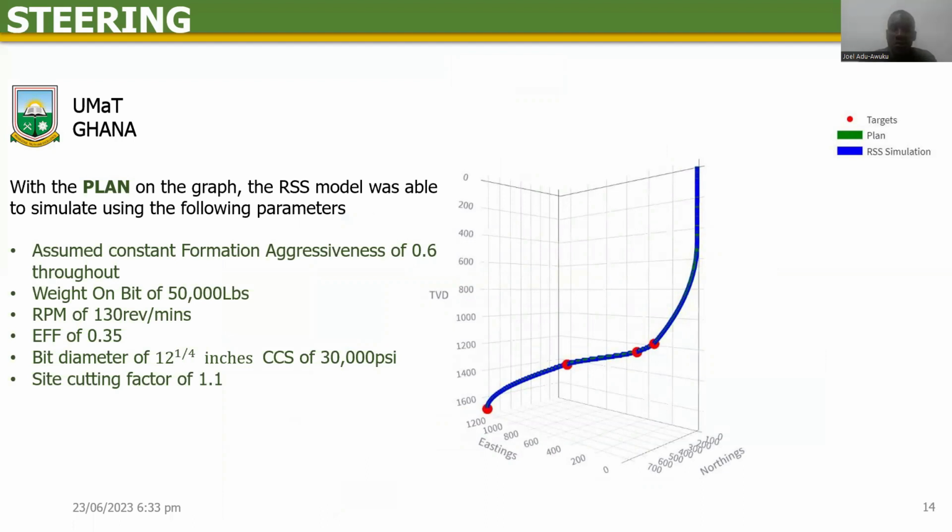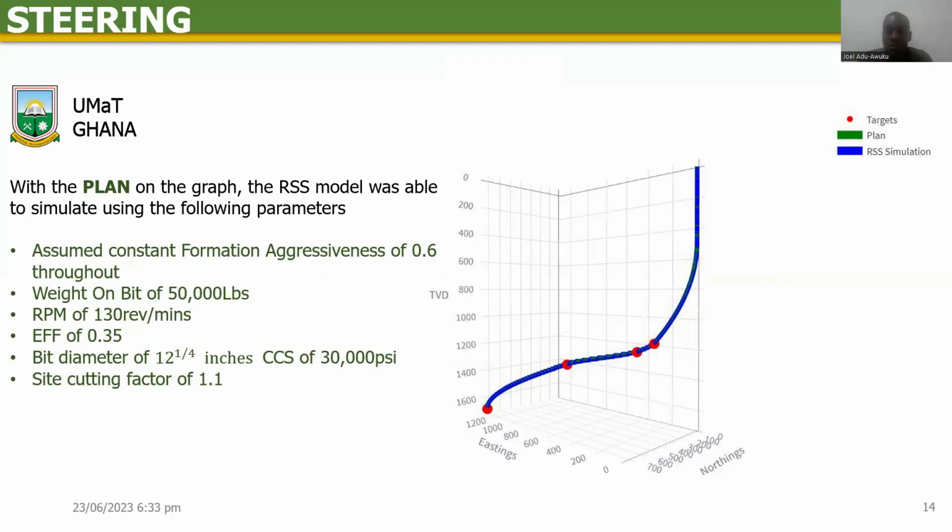So on steering a bit, we consider the formation aggressiveness, the CCS, and the side cutting factor. From that, we generated the weight on bit, which was 50,000 pounds, and the RPM of 130 revolutions per minute, with a drilling efficiency of 0.35.